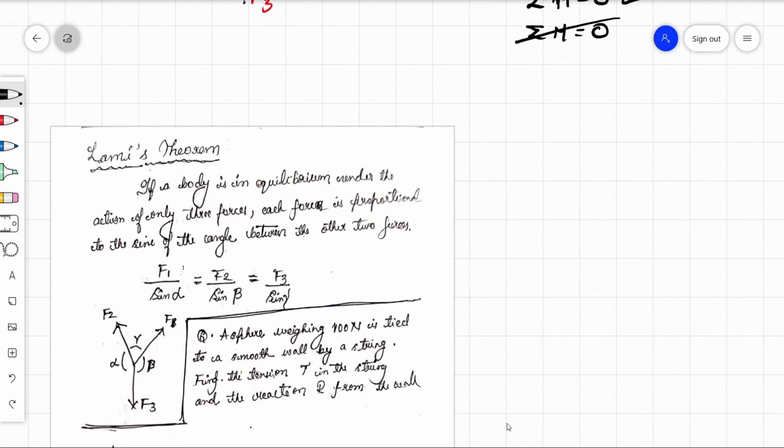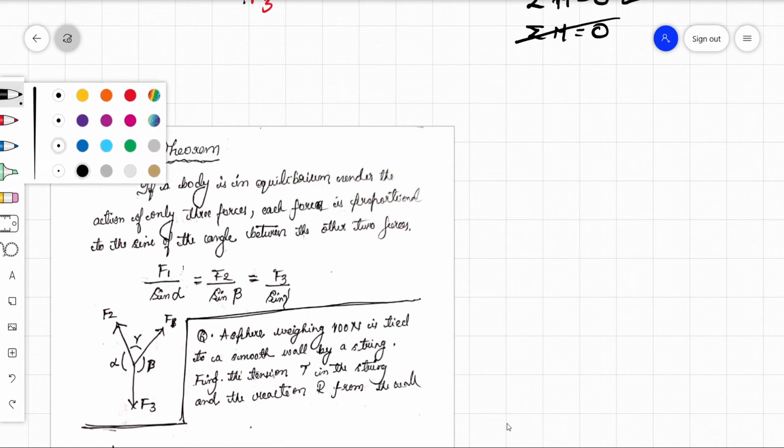Why it is given as a smooth wall is in order to reduce the friction, because friction arises while drawing the free body diagram. So in order to remove it, they have given a smooth wall. By a string, find the tension T in the string and the reaction R from the wall. If there is any contact, there will be a reaction that generates, right? So let us draw that first.